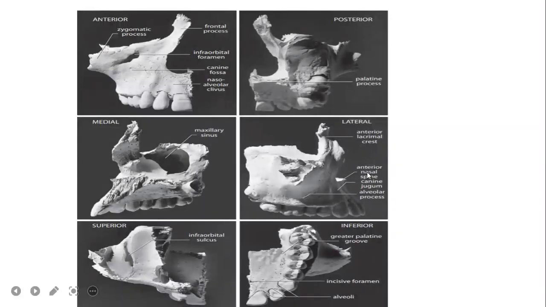Then we have the anterior nasal spine and the canine jugum. We also have the alveolar process, where the roots of the teeth originate. From the superior view, we have the infraorbital sulcus, which is right there.